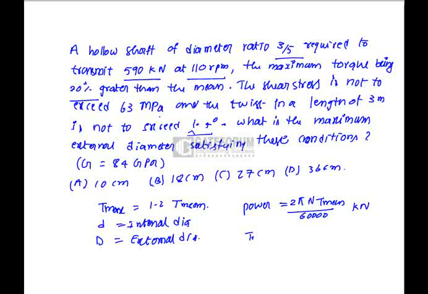So T mean we can write as power, 590 kilowatts into 60,000 divided by 2 pi into 110 rpm, where N is equal to 110 rpm and P, power, is equal to 590 kilowatts.